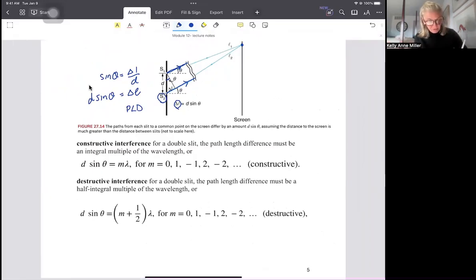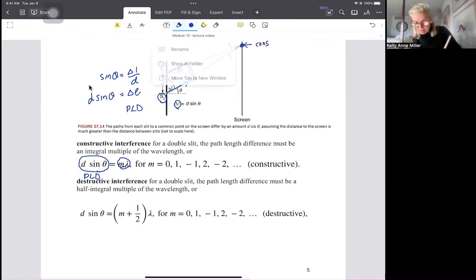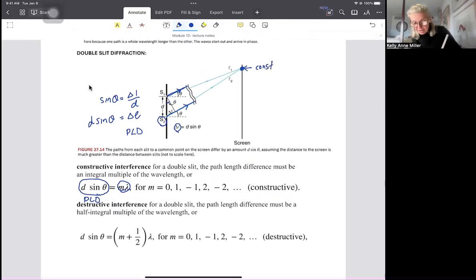Remember, this is equal to the path length difference between the rays going through the top slit compared to the bottom slit. If that path length difference equals some integer multiple of lambda, then this is a constructive band, a bright band.